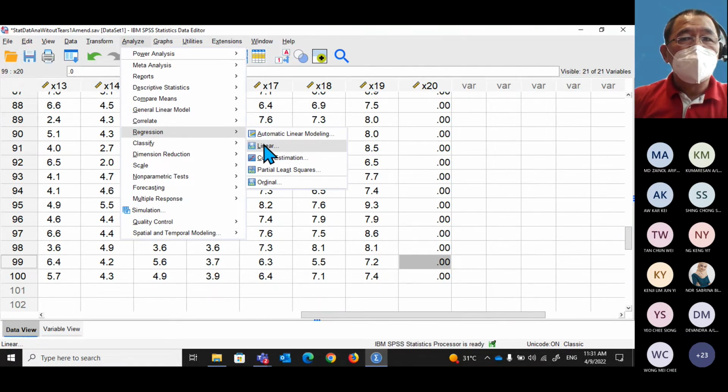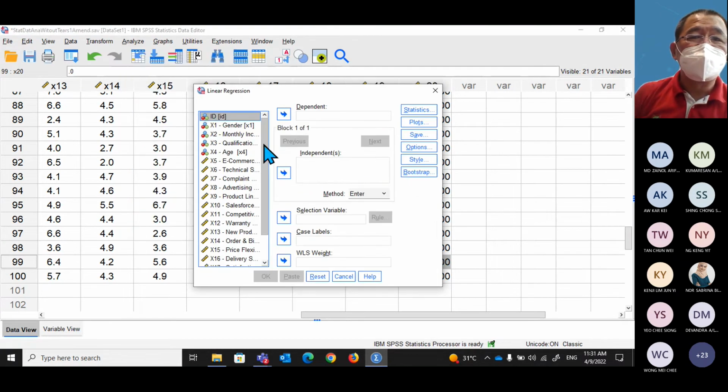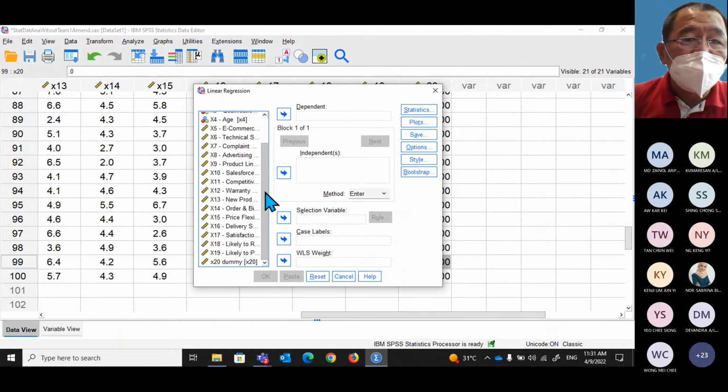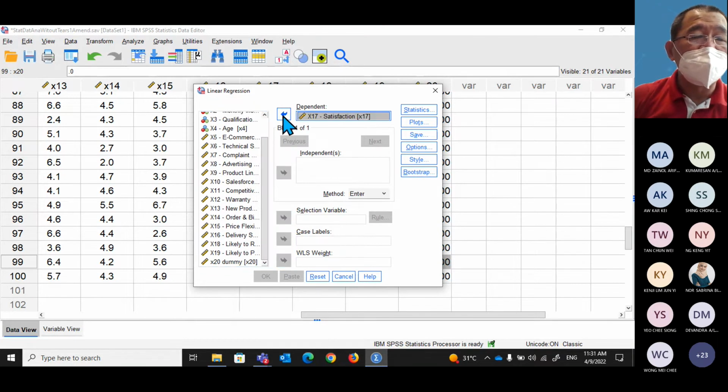Remember, X20 is the dummy. We use the same model as just now, but now we add one more variable, the dummy. X17 is the dependent variable.